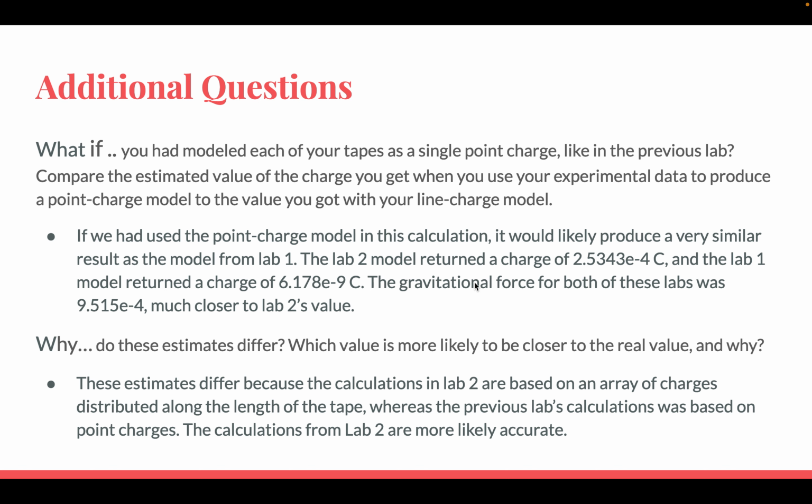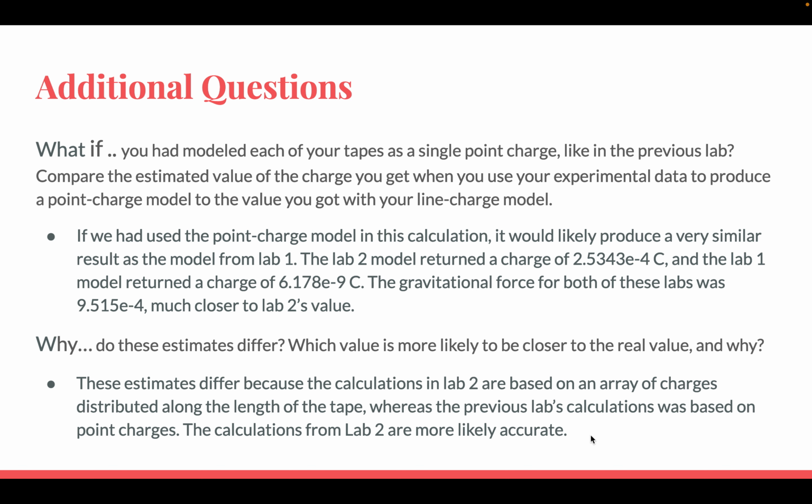So the gravitational force for both of these labs was 9.51 e negative 4, which is much closer to Lab 2's value, which makes me believe that Lab 2 was the more accurate model when comparing the two.